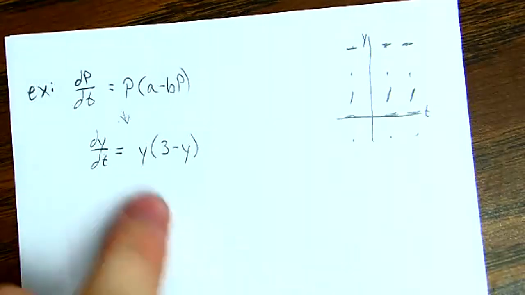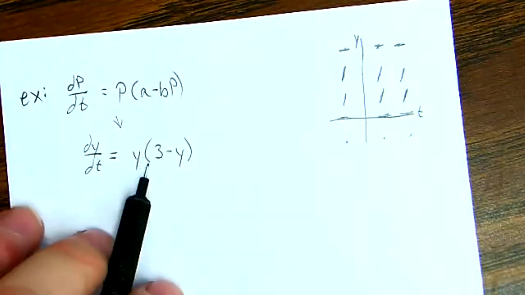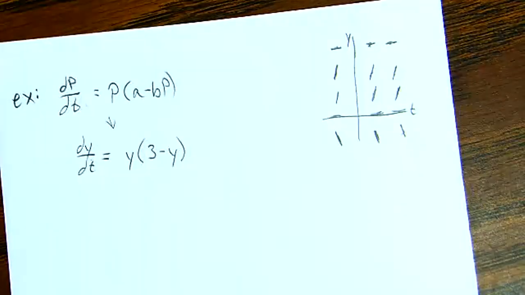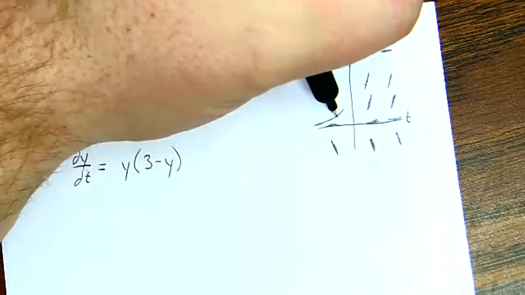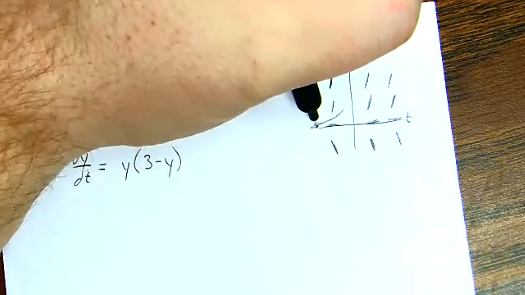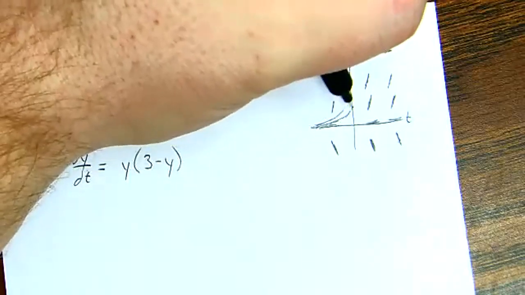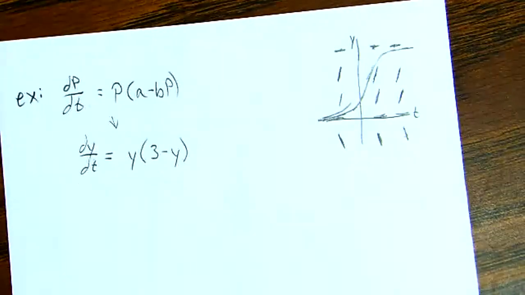If our y value is 2, this is 2 times 1, slope of 2 again. If y is -1, then we have -1 times 4, which is -4. It's a very steep negative. So we get a direction field that looks something like this, and so we might guess that the solution to this might look something like that.